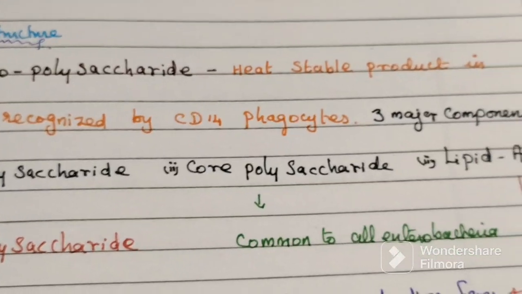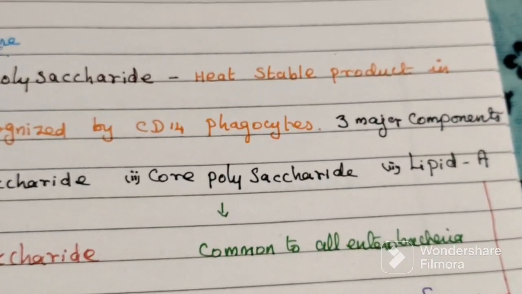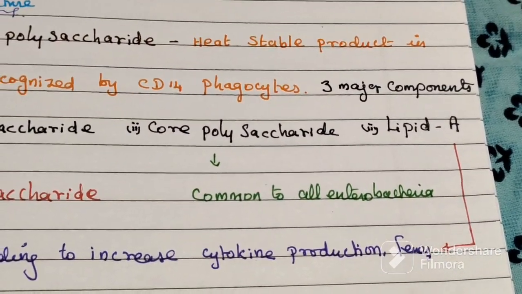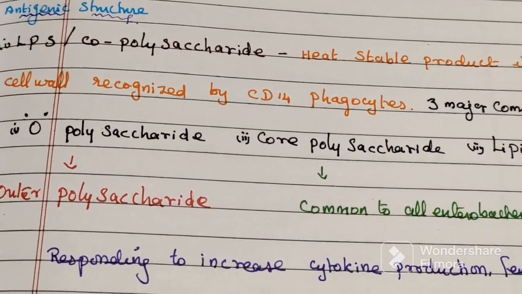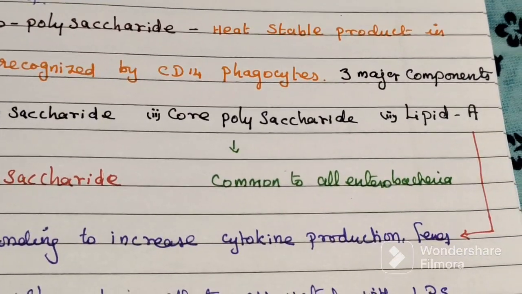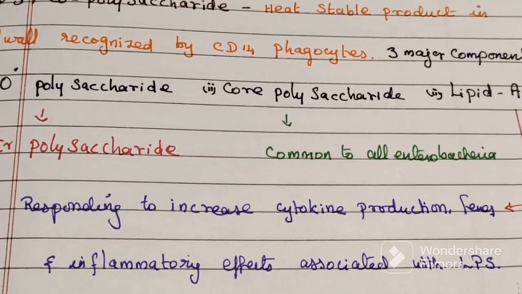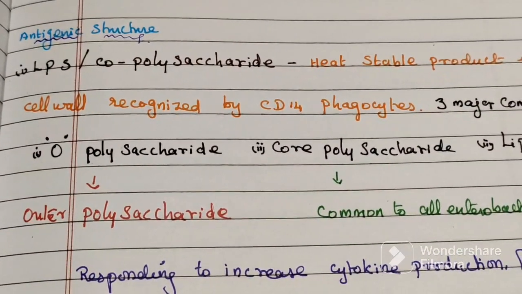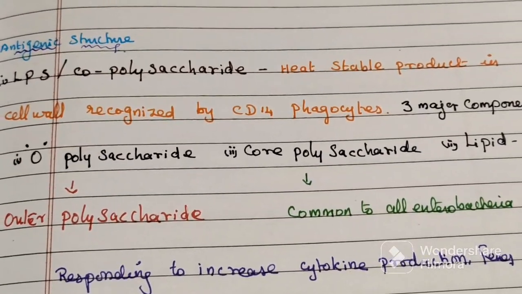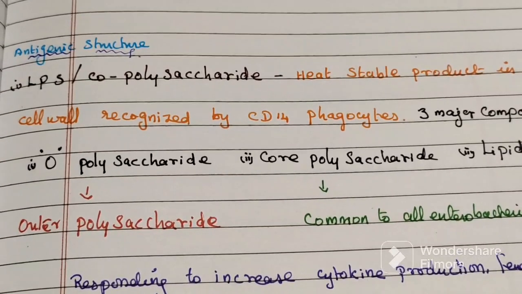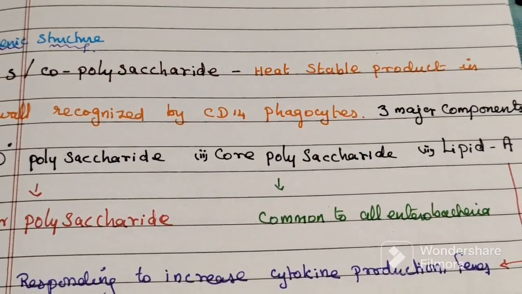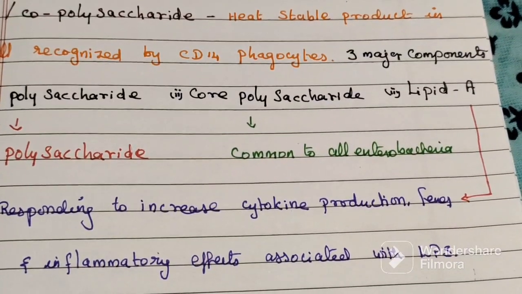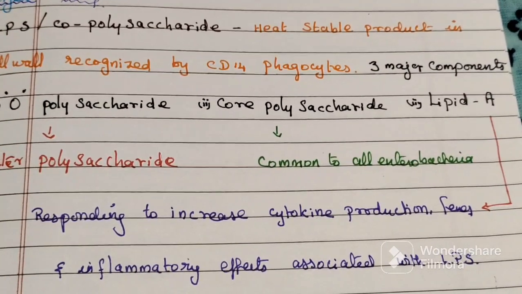Second is the core polysaccharide, which is common to all Enterobacteriaceae. Third is lipid A, which causes the inflammatory effect, increasing cytokine production and fever. So, the gram-negative bacterium has LPS with three major components: the O polysaccharide, the outer polysaccharide; the core polysaccharide, common to all Enterobacteriaceae; and lipid A, which is responsible for cytokine production, fever, and inflammatory effects associated with LPS.